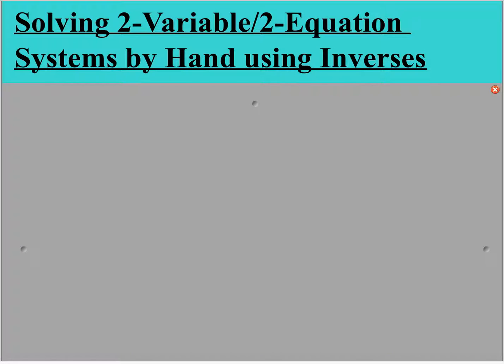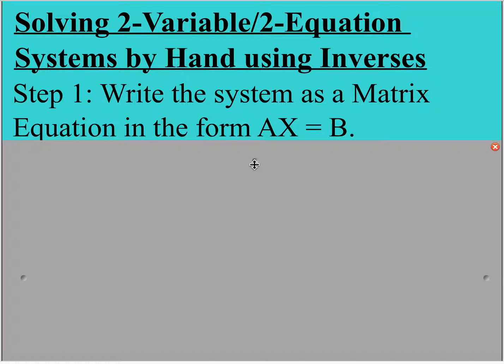So how do we solve a system of equations using matrix inverses? When it comes to the 2 variable 2 equation systems, you'll need to know how to do this using inverses by hand. So the very first step is to write the system as a matrix equation in the form AX equals B, practicing what we just did on the other side of your sheet.